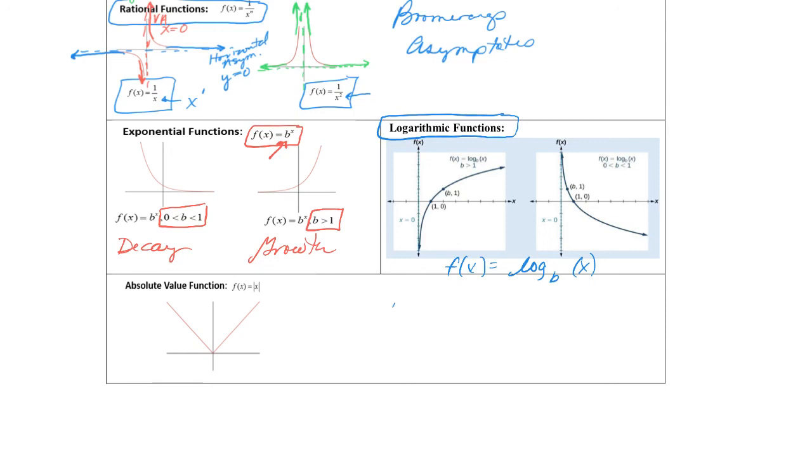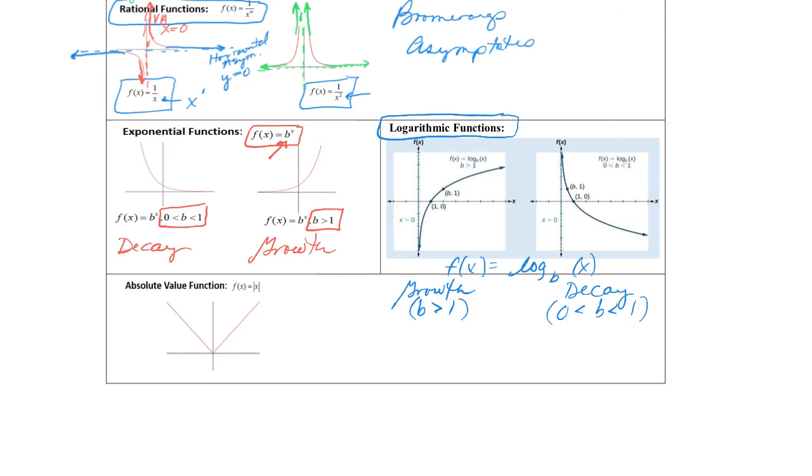So if I have logarithmic growth, which is the graph on the left, then that means the value of b is greater than 1. And if I have logarithmic decay, which is the graph on the right, then b is some value less than 1, but greater than 0. So again, a decimal or a fraction will give me logarithmic decay.